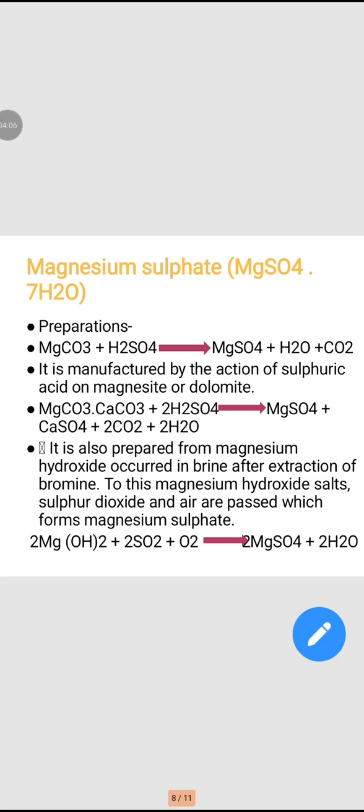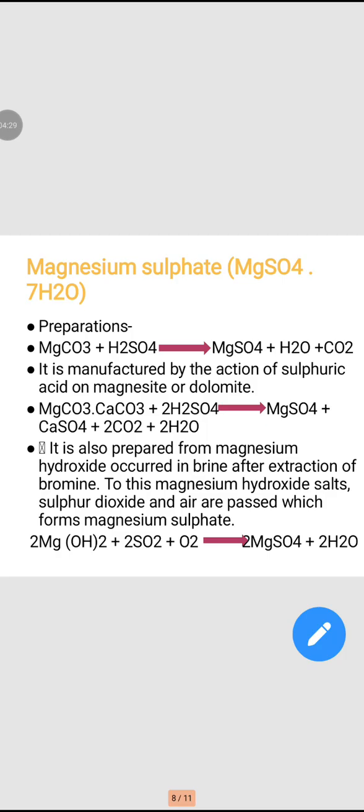Magnesium sulfate. The formula is MgSO4·7H2O. Preparation. First method: it is manufactured by the action of sulfuric acid on magnesium carbonate. MgCO3 is reacted with H2SO4 to form MgSO4.